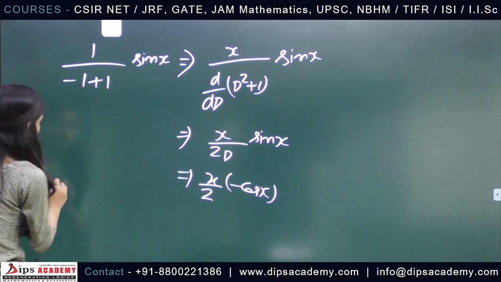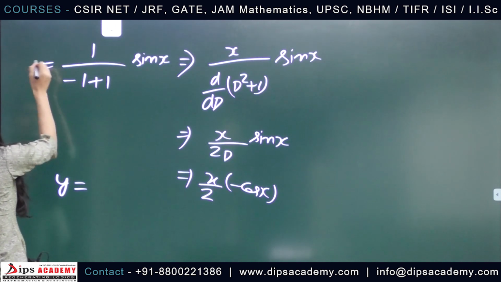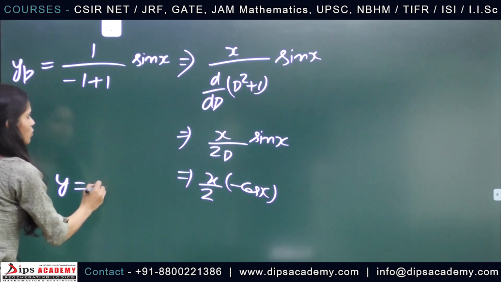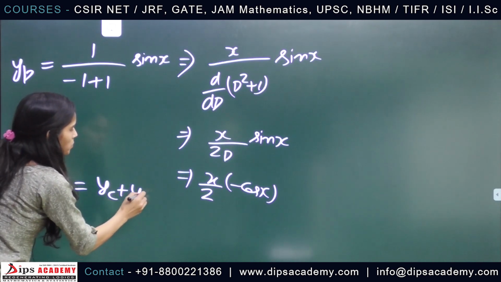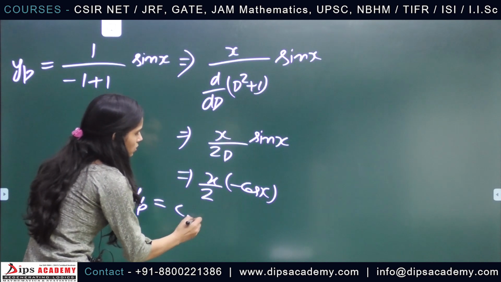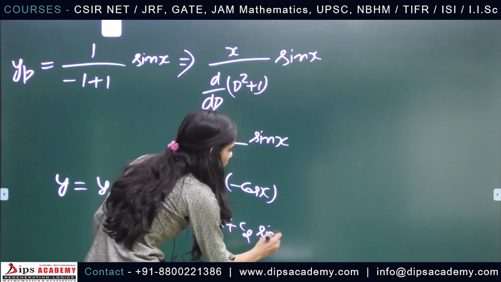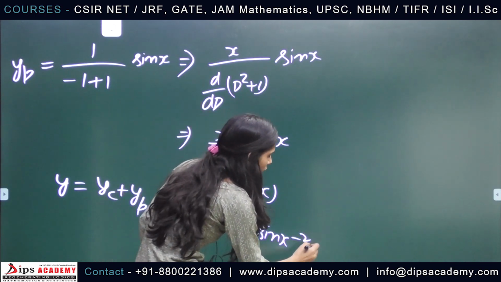So our complete solution y equals yc plus yp, the complementary function plus the particular integral, that is c1 cos x plus c2 sin x minus x by 2 cos x.